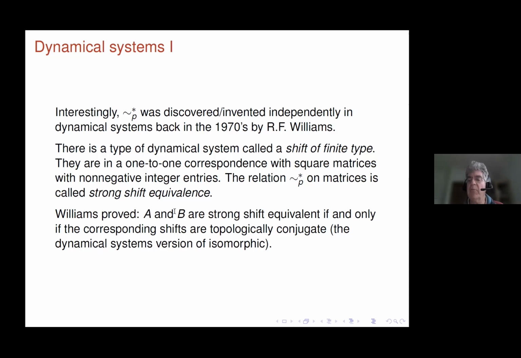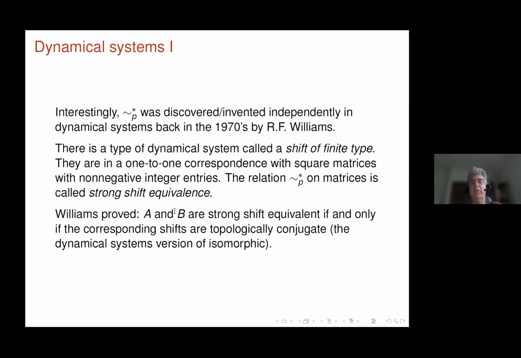It's not too important what it is for this audience, but they are in a one-to-one correspondence with square matrices with non-negative integer entries. And the relation that we're calling primary conjugacy on these matrices is exactly what in dynamical systems language is called strong shift equivalence.